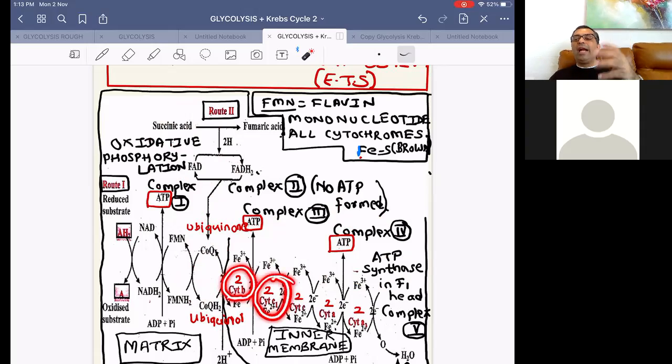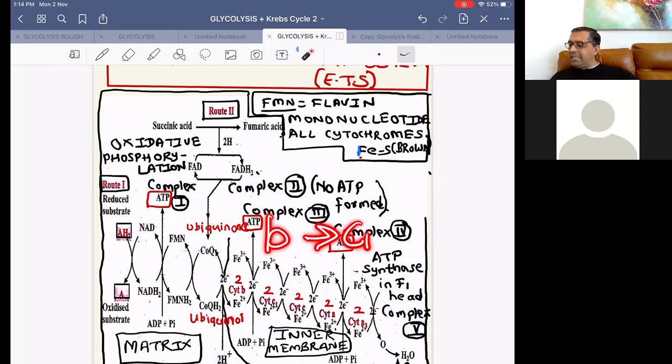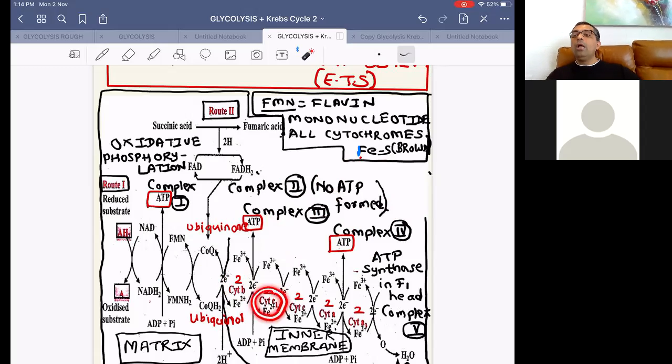So where will electron go from B to C1? Because C1 is more electronegative compared to cytochrome B. And that is the reason electron will go from cytochrome B to cytochrome C1. Golden words. Electron will go from B to C1.